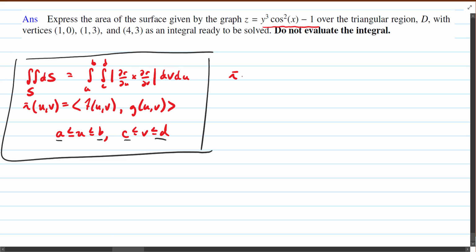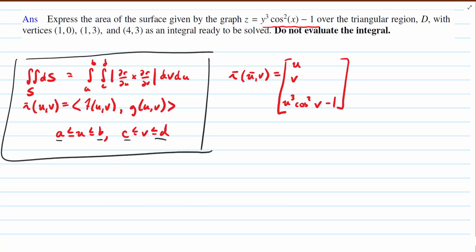We're just going to say, let's let r of u, v be the coordinate functions, and then we'll just let u be the same thing as x, v be the same thing as y, and we'll let z be the original expression of our surface, but with u and v replaced. So we'd have u cubed cosine squared v minus 1.